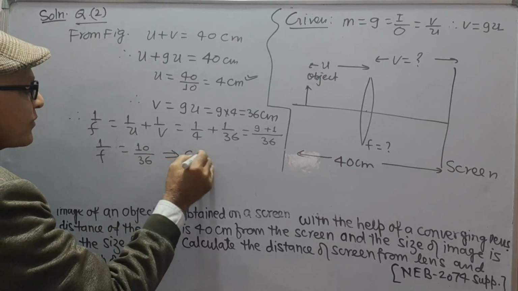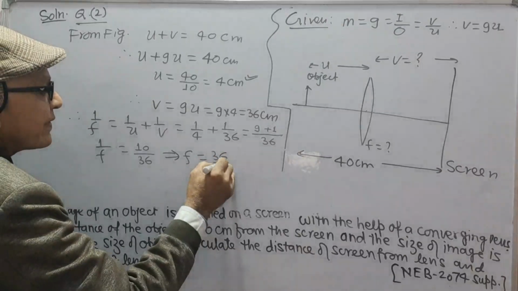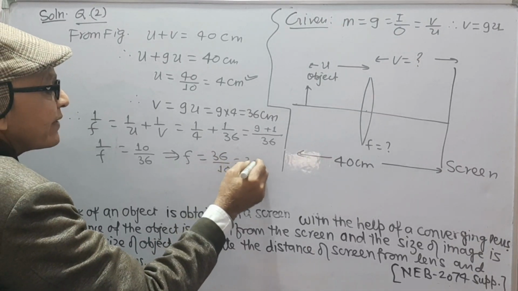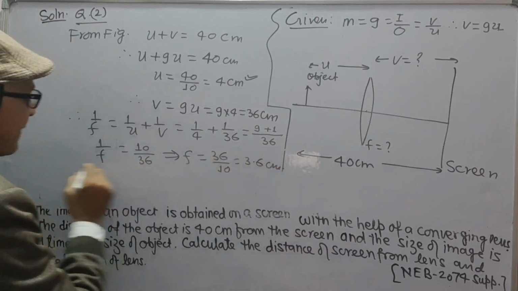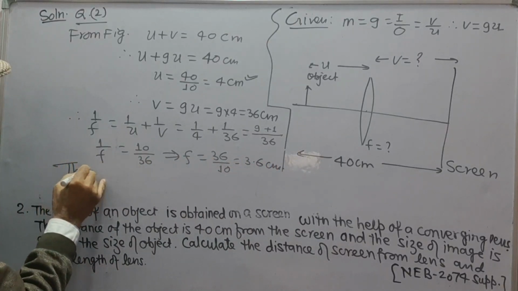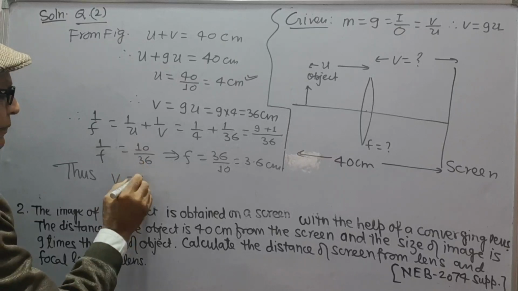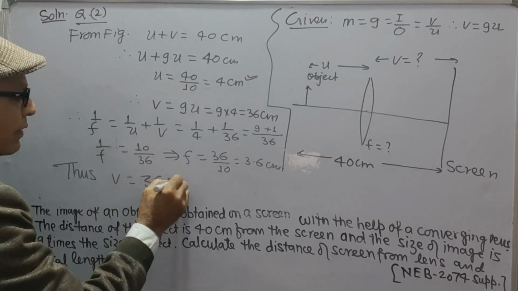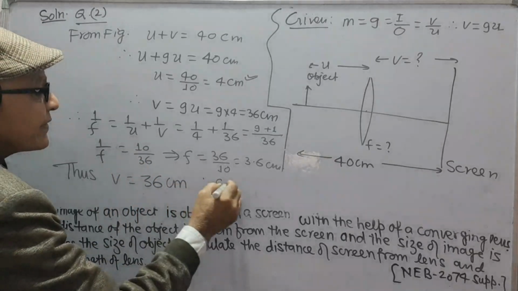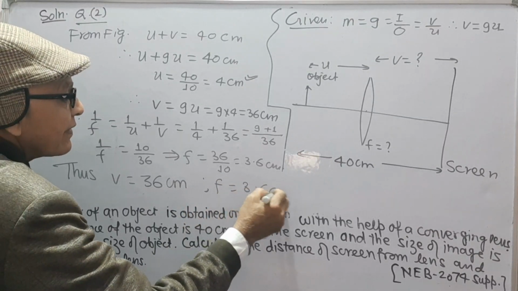Therefore, f will be equal to 36 upon 10, means 3.6 cm. Thus, v is equal to 36 cm and f is equal to 3.6 cm.